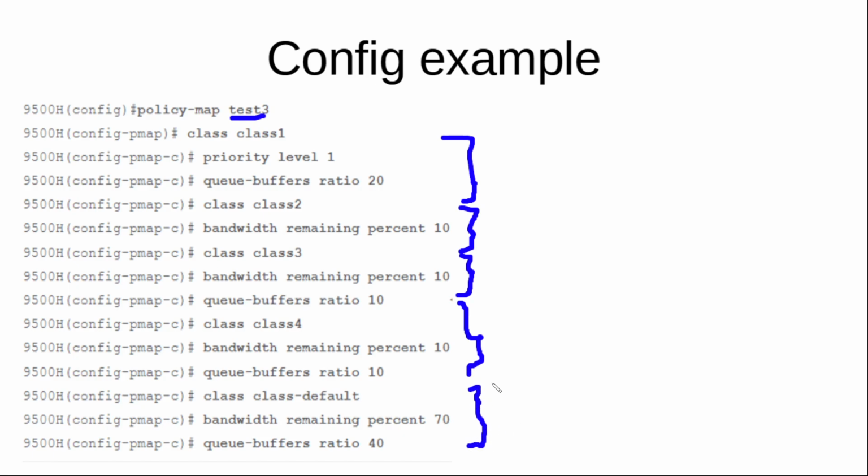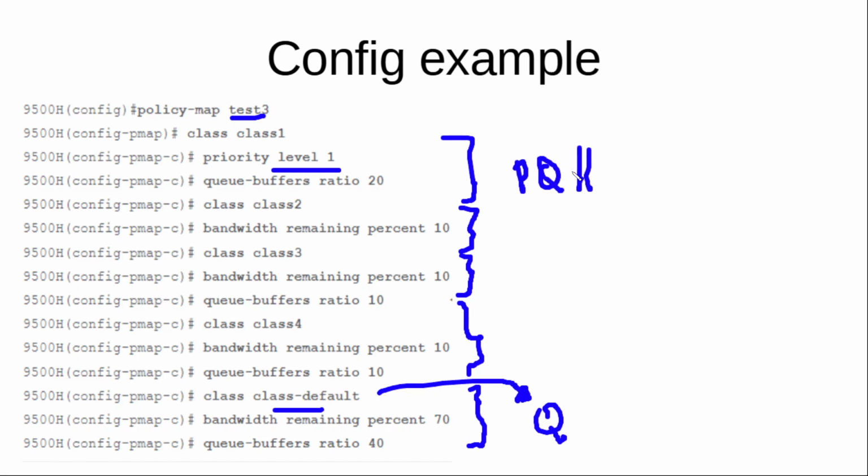Remember that if you have a policy map, you will have at least one queue, which is the class default queue. And remember that for Catalyst 9000, you have up to 8 queues at the egress. You may have from 1 to 8, because if you're using a policy map, you will have at least one queue, which will be the class default queue. And then you can play with your other queues. For instance, this is the priority level queue number 1.